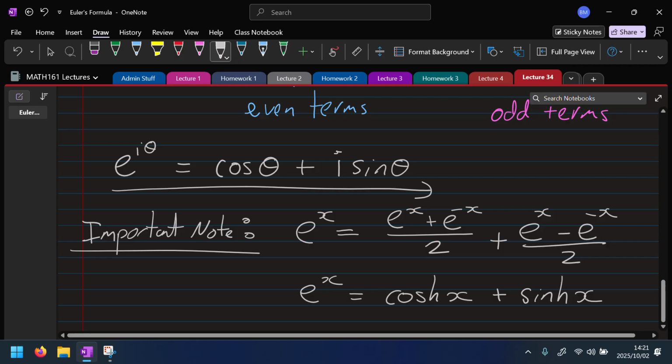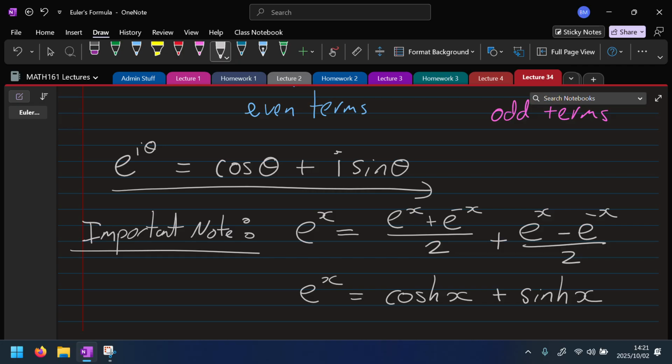Okay. Now, it's just a note to keep in mind. We'll get back to this later. But just look at that bottom one and look at the top one. Notice the similarities. In the bottom, we have e to the x, where x is real. Remember, complex is z. Other letters, those are real.